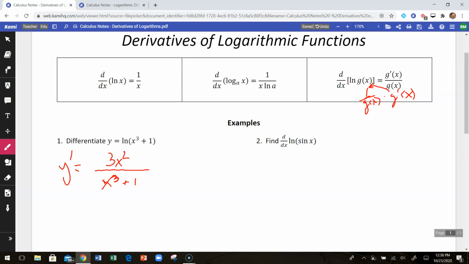Next, we have the natural log of sine x. Again, that's going to be sine x on bottom, the derivative of that on top, which would be cosine x. Cosine x over sine x, you could leave it there. I'm going to go ahead and simplify this down. That would be cotangent of x.